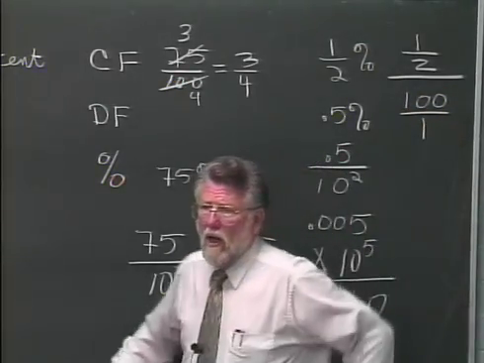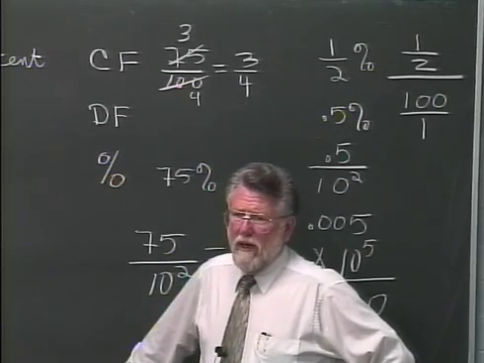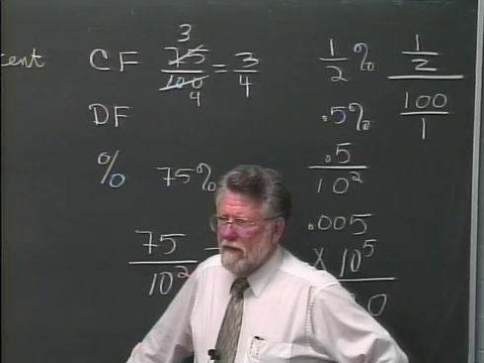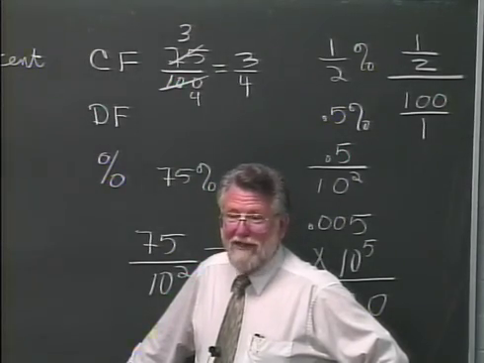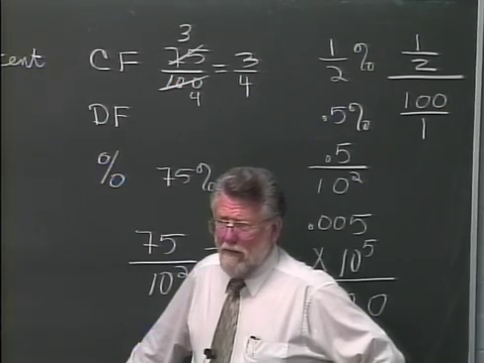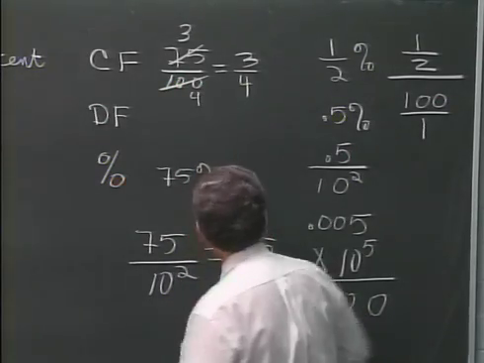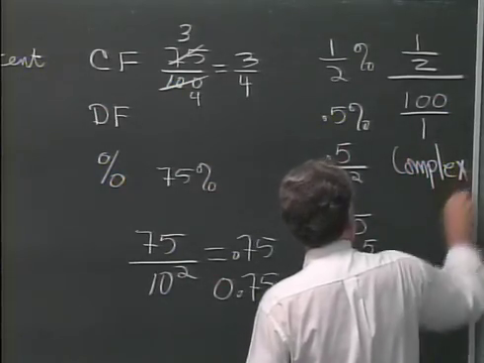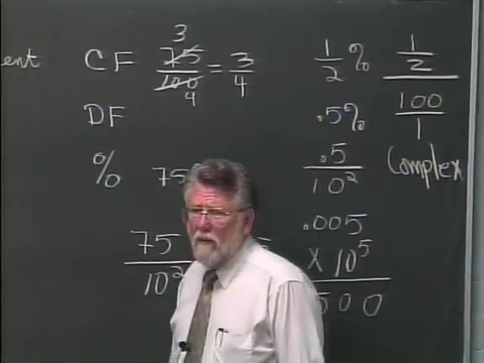What kind of fraction do we call that? 1/2 over 100? We had a name for it. Okay, uncommon. That's not bad, but it's complex. A complex fraction. How do we simplify that?